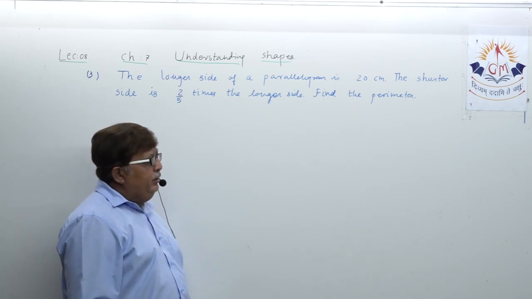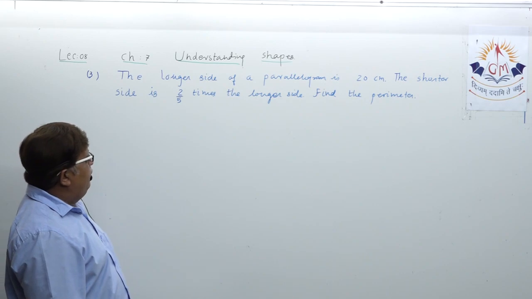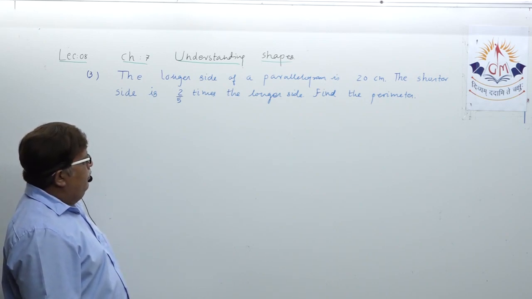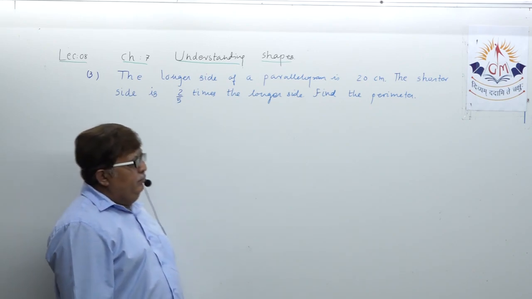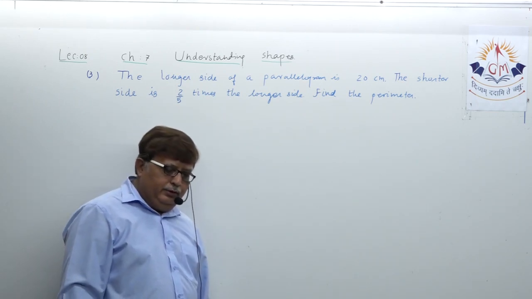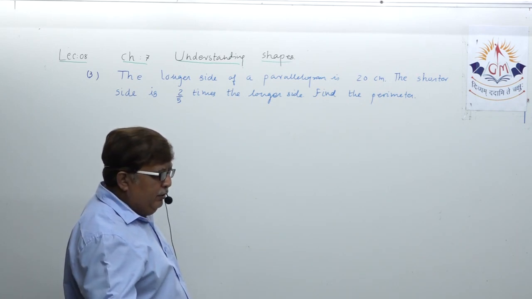At the same time, you are also told that the shorter side is 2 upon 5 times the longer side. Find the perimeter. Okay. See, dear student, be very conscious.